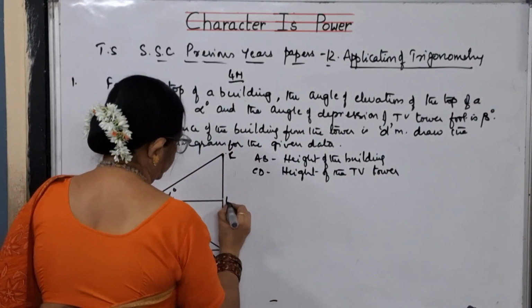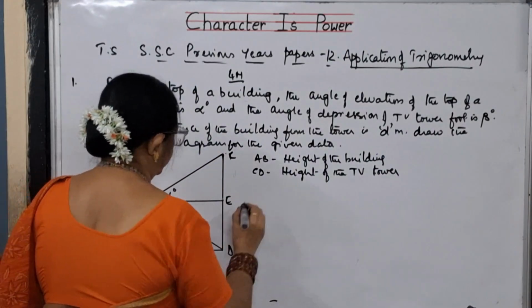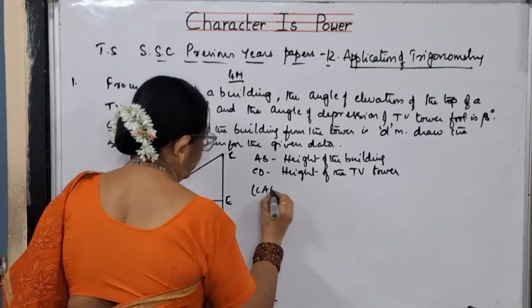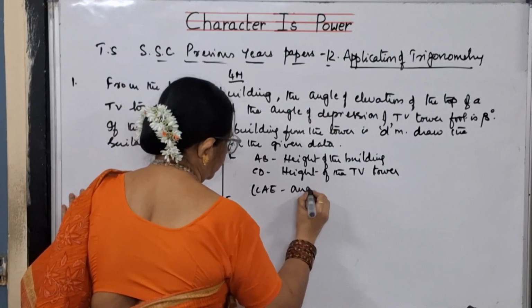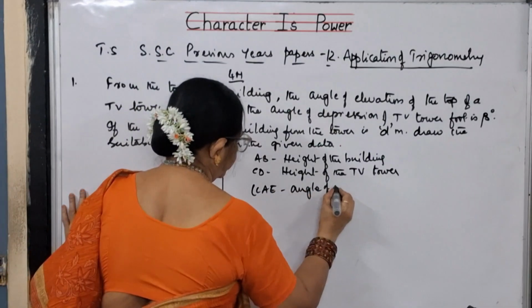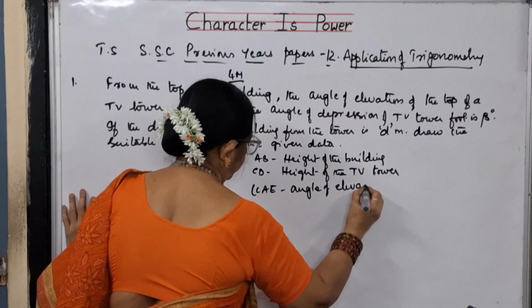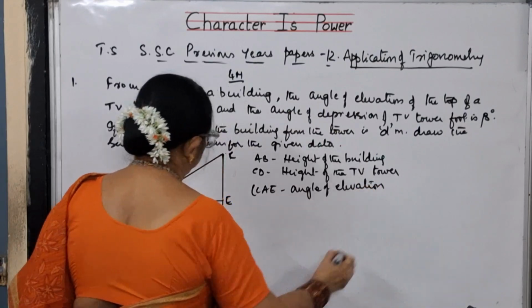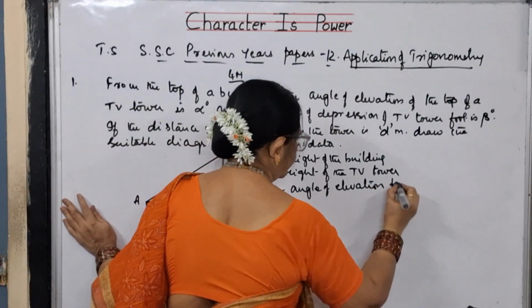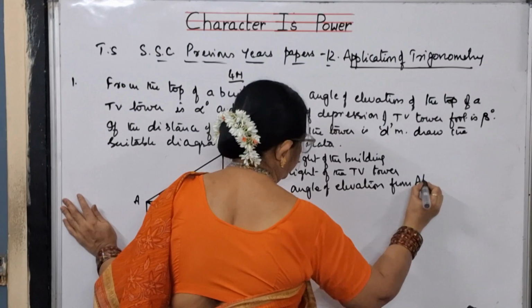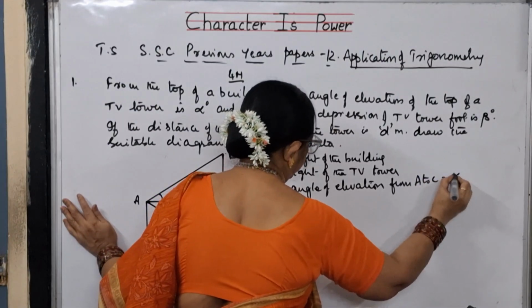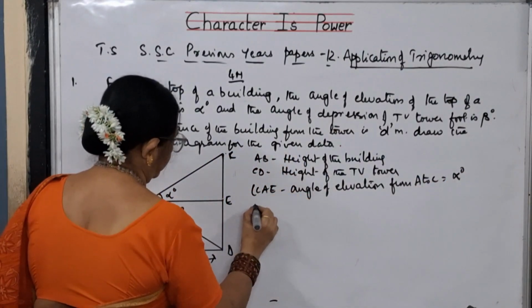And let me consider this point as E. Angle CAE is angle of elevation from A to C. This is alpha degrees.